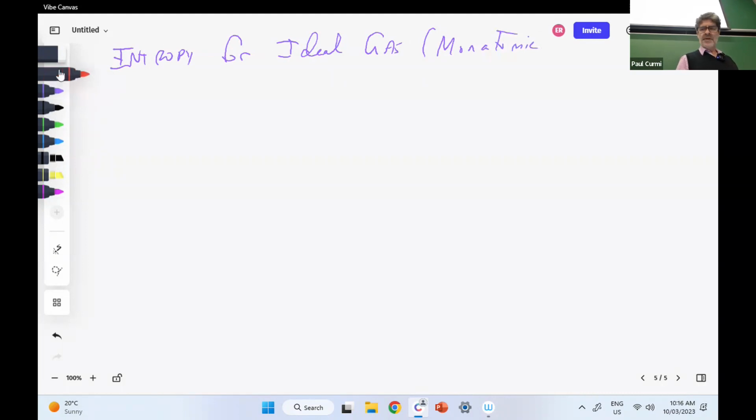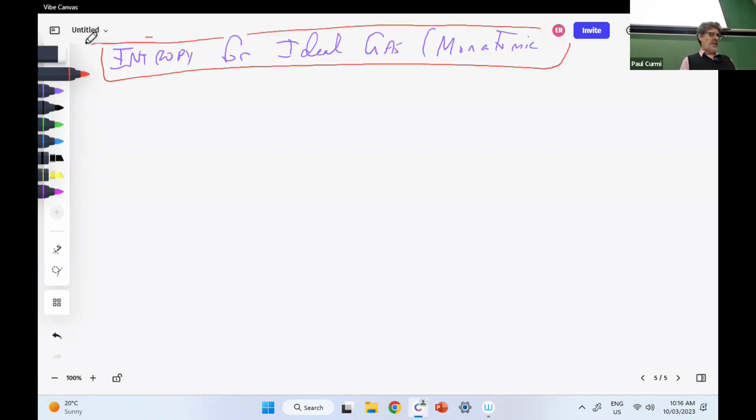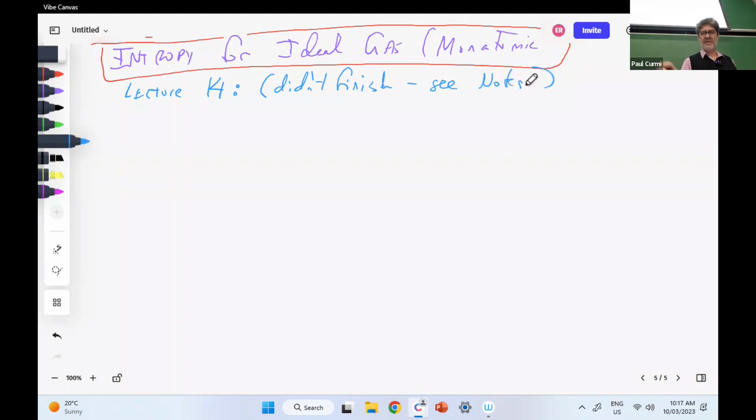Back in lecture 14, we didn't finish it, and I'm not going to. But see notes. It's a tedious derivation, and you will do something like it again with Julian. But we already did it earlier.